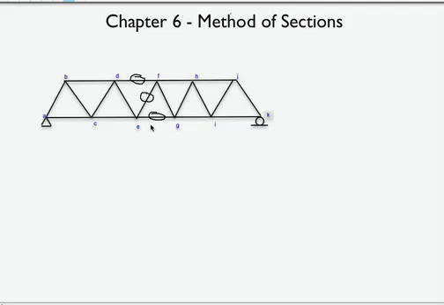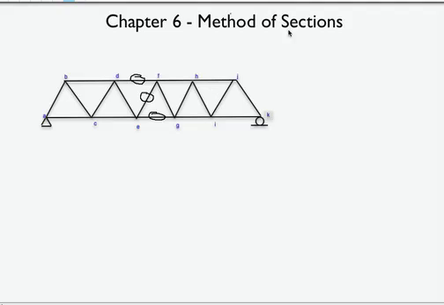I guess you could of course do the method of pins, do the global equilibrium, start at A, and then walk through, doing 5 free body diagrams to solve for all of the forces in this truss, not to forget the global equilibrium to get A and K.